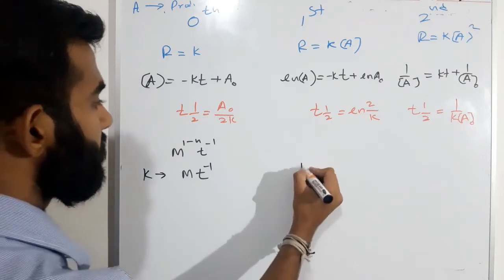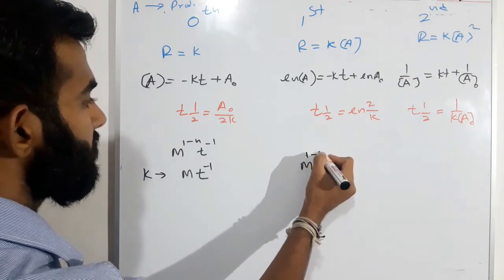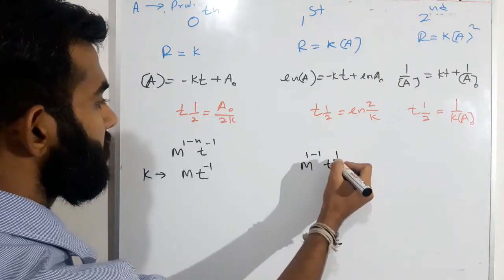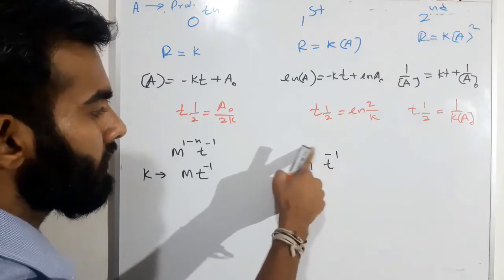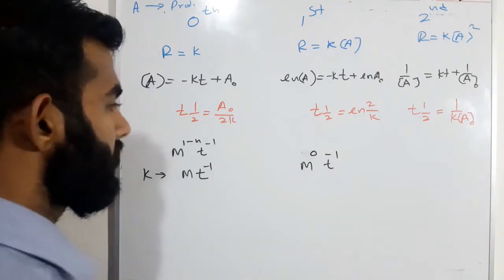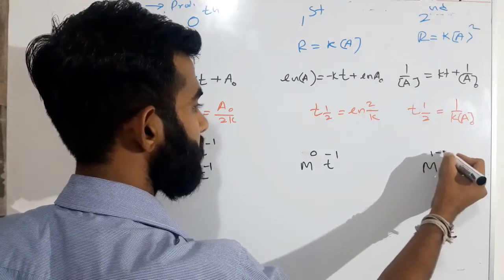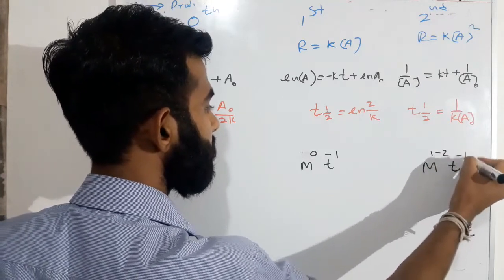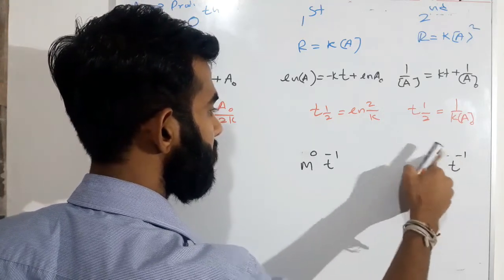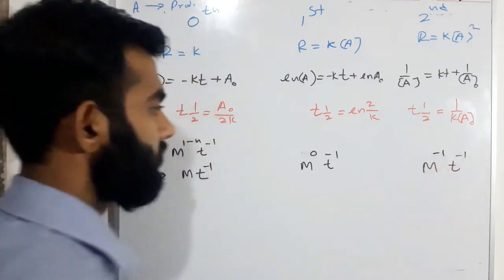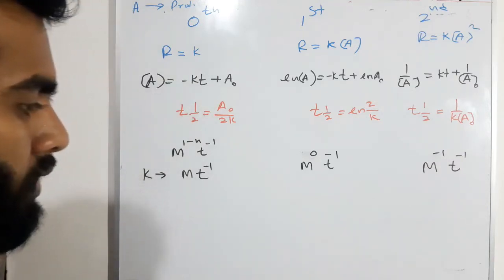In first order, m to the power 1 minus 1, t to the power minus 1. Positive 1 and negative 1 mean m is here 0. What about this? Here m to the power 1 minus 2, t to the power minus 1. That means m equals negative 1. This is the unit of the rate constant of second order reactions.